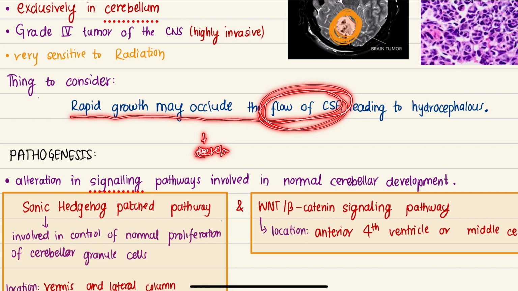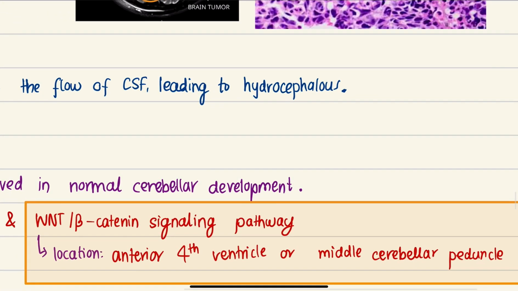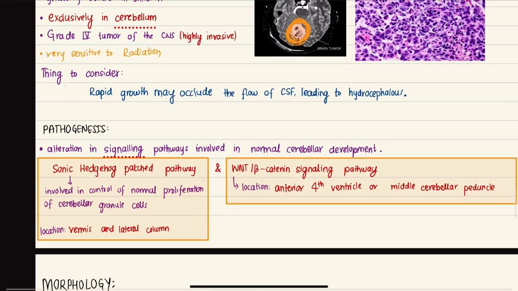What actually happens is there are the ventricles, and the ventricles may be occluded by the rapid growth, especially the lateral and the fourth ventricle, leading to hydrocephalus. There are two kinds of hydrocephalus, communicating and non-communicating. In this case, non-communicating hydrocephalus may occur.